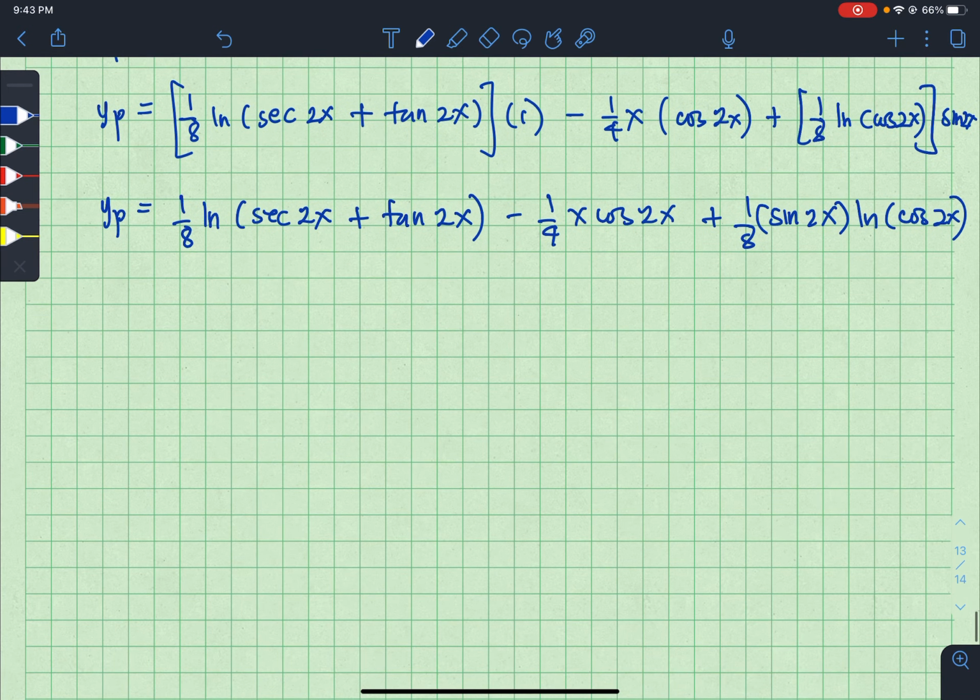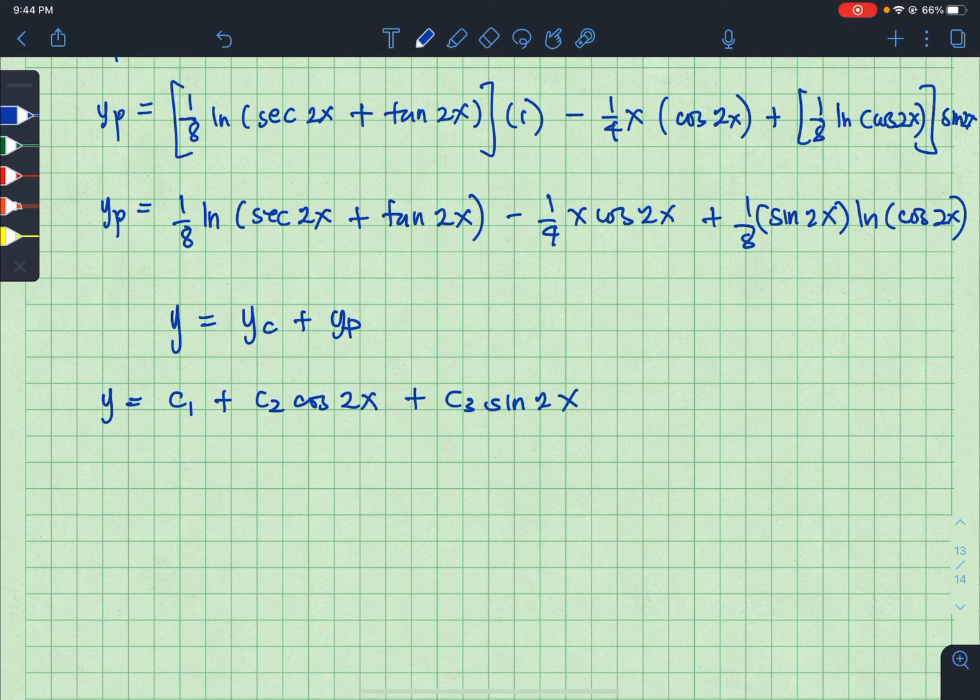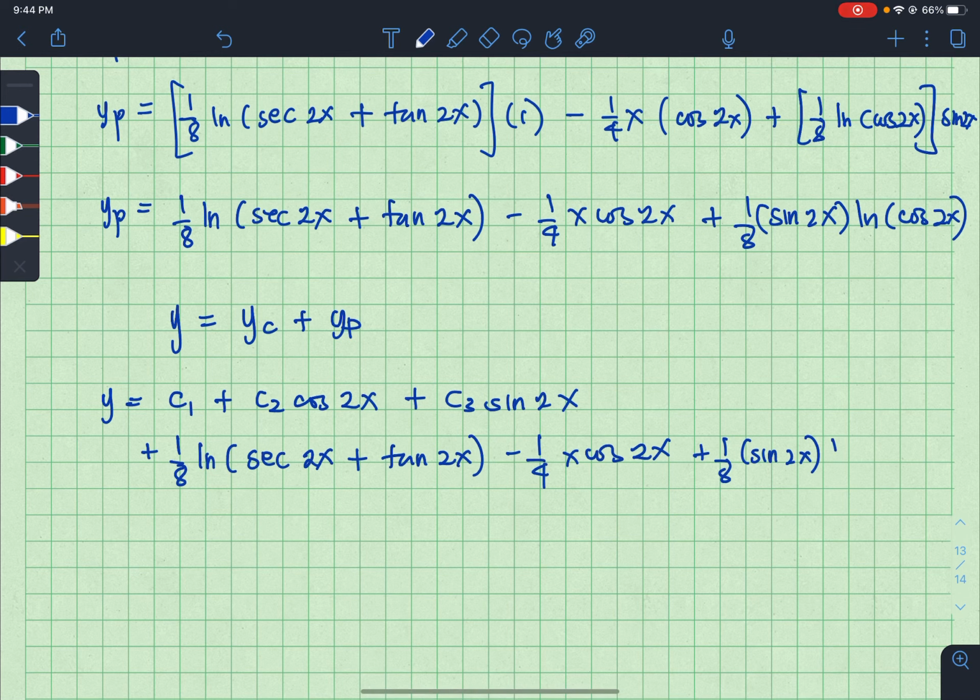And finally, our y would be y c plus y p. So y then would be c1 plus c2 cosine 2x plus c3 sine 2x plus 1 over 8 ln of secant 2x plus tangent 2x minus 1/4 x cosine 2x plus 1 over 8 sine 2x ln of cosine 2x.